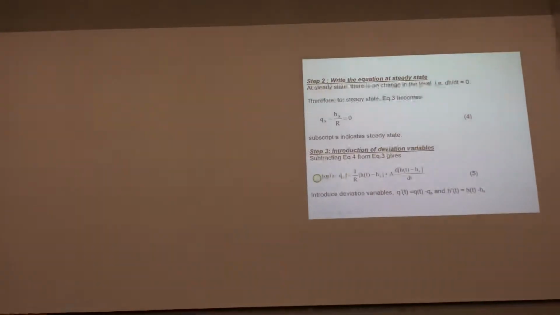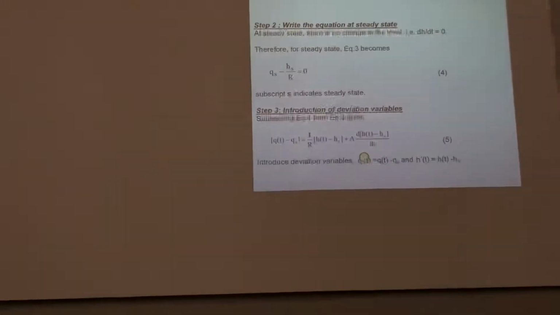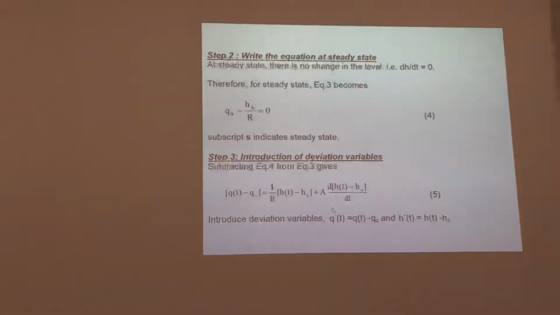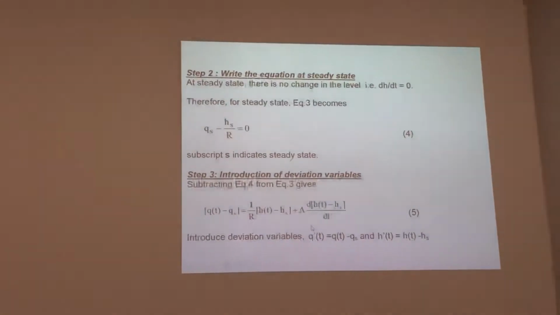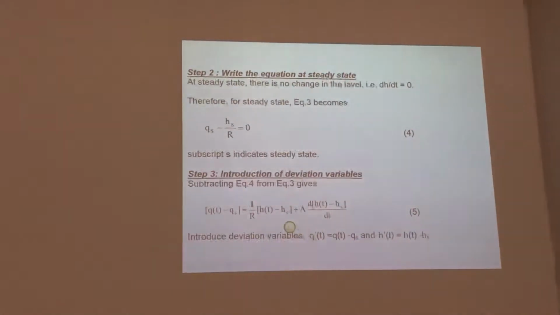And I don't want to have so many different unknowns in my equation. So I can replace this one with another symbol, which I call Q prime. The little dot on the top there, normally we call it a prime. So Q prime is actually the incoming minus the steady state incoming.